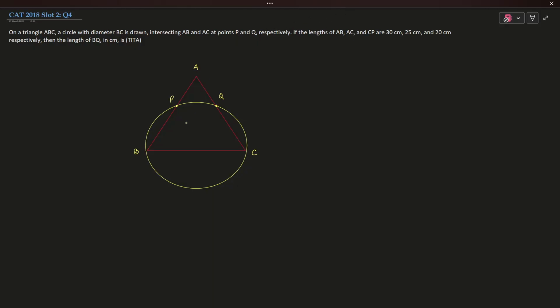So this is CP. CP is given. Plus then the length of BQ. BQ is this.